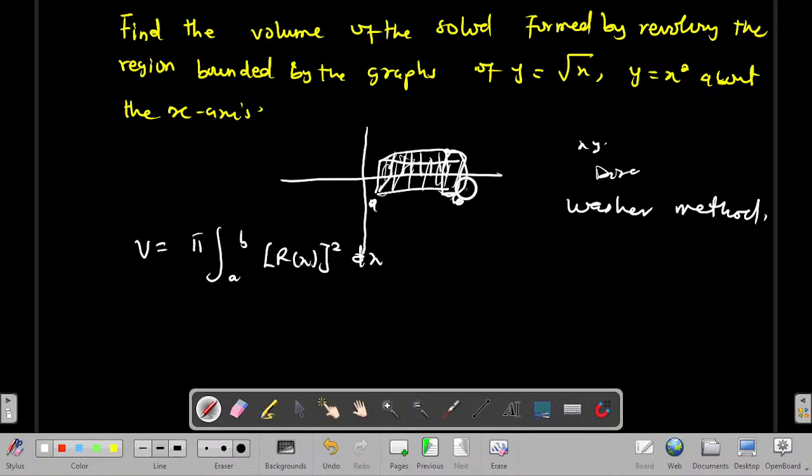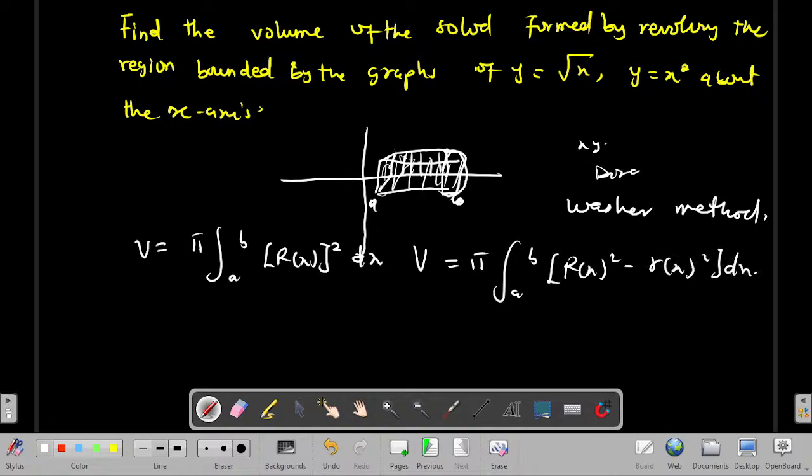But in this situation, we have two curves. That's what we call the washer method. In the washer method, with two curves, it is only the hole between the two of them, the region in between, that counts. So we have V equal to pi integral from a to b of R of x all squared minus r of x all squared dx.